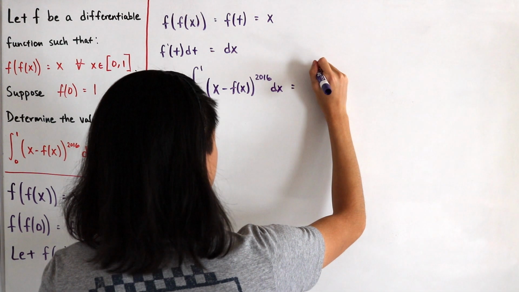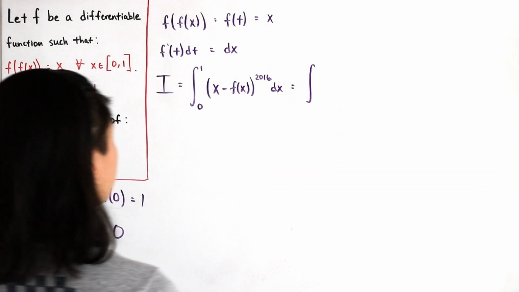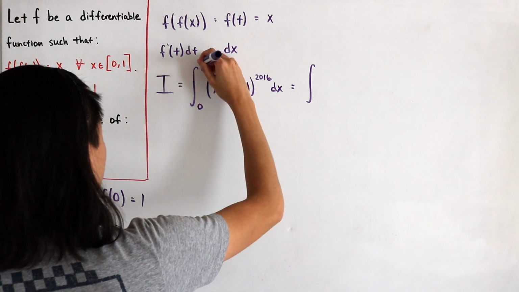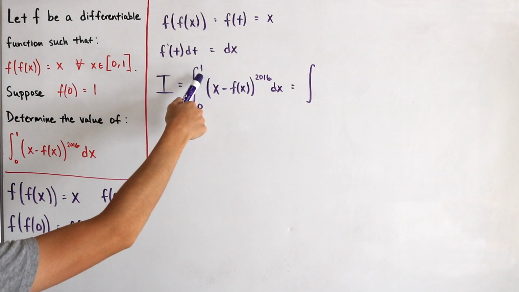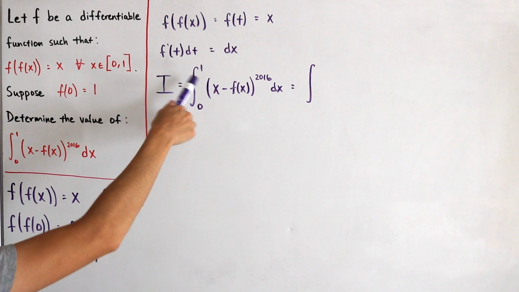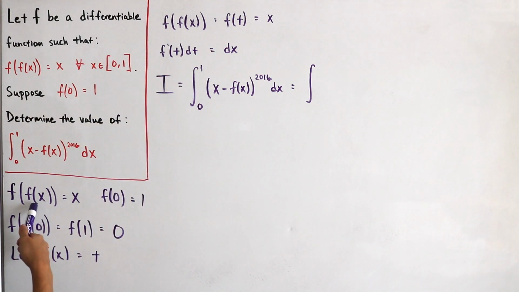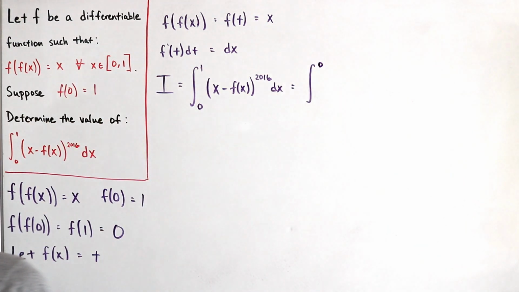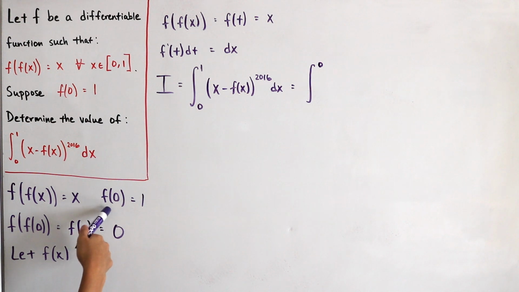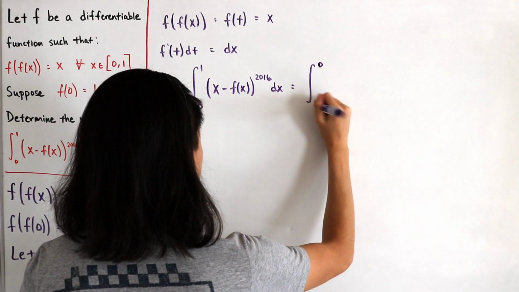If we perform the substitution, don't forget we have to calculate our bounds. When x is equal to 1, f of 1 is equal to 0 for the top bound. And when x is 0, f of 0 is equal to 1, so that's 1 over here.